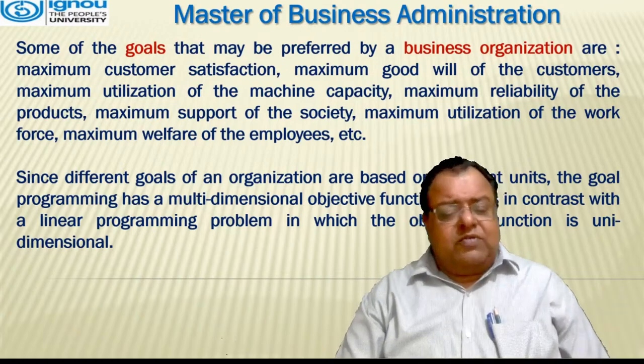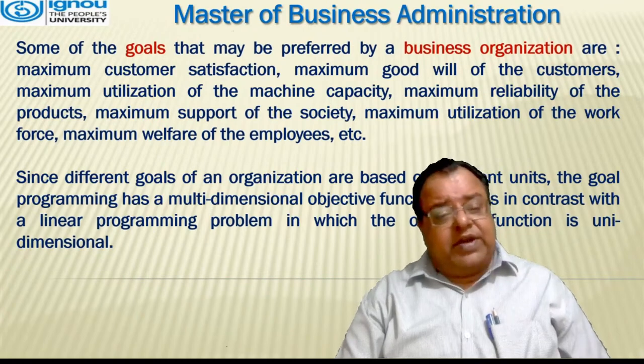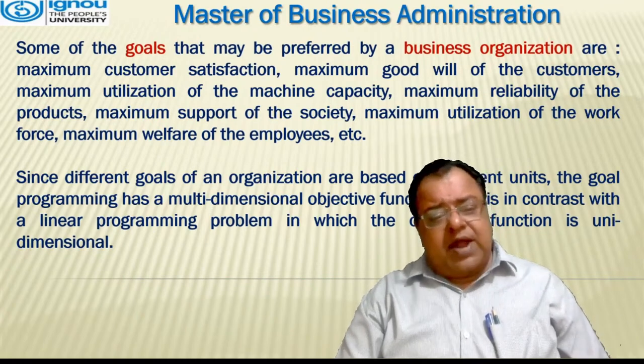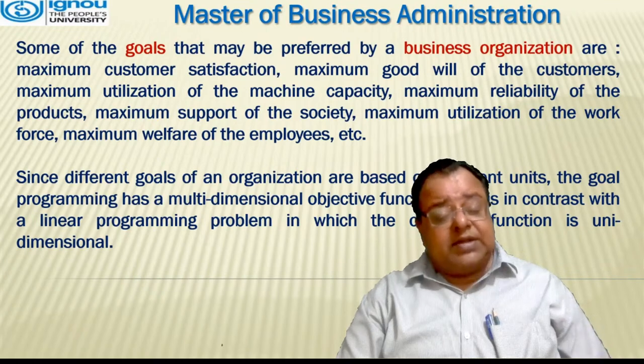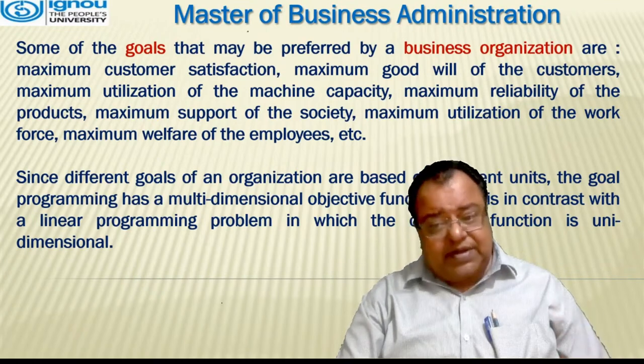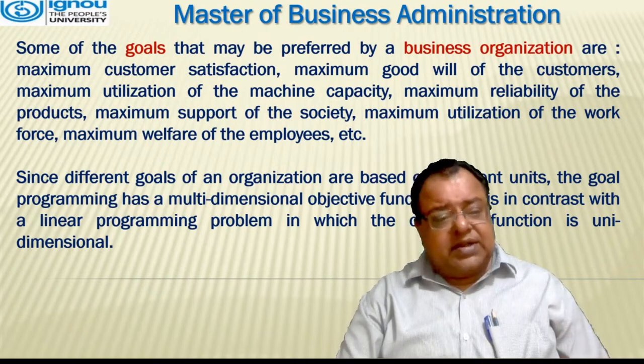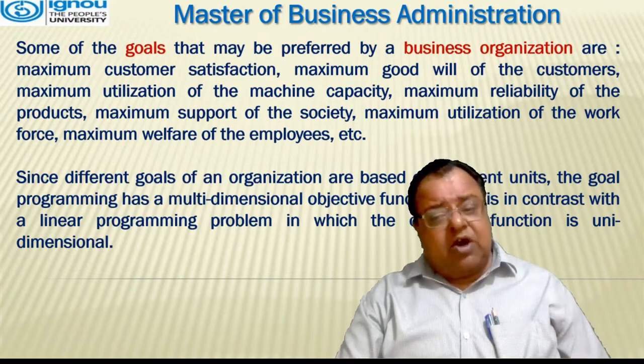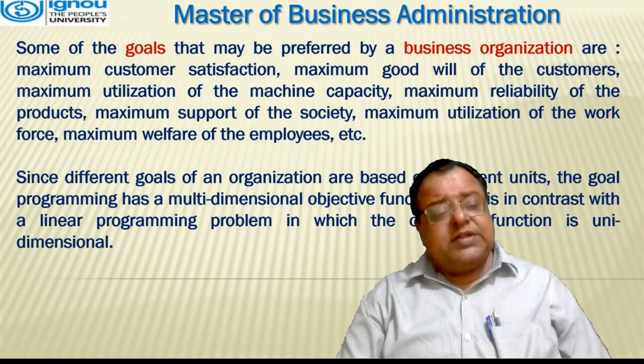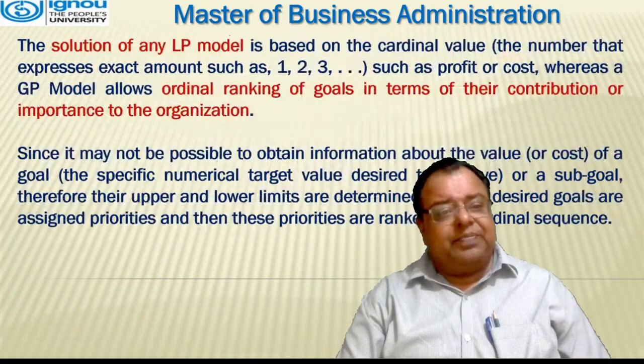Since different goals of an organization are based on different units, goal programming has a multi-dimensional objective function. This is in contrast with a linear programming problem in which the objective function is unidimensional.